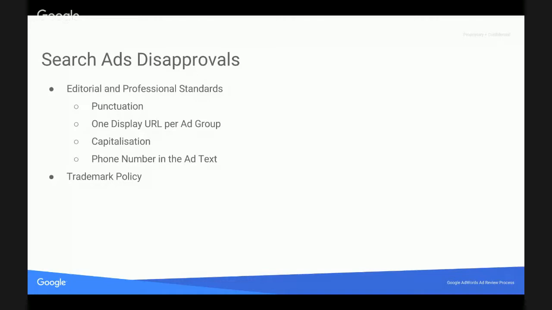There are two ways to look at it: you could be an advertiser with a trademark that other advertisers are using, or you might be interested in using someone else's trademark. This is especially common for retail clients with big brands, like Samsung, and these words fall into trademark policy.